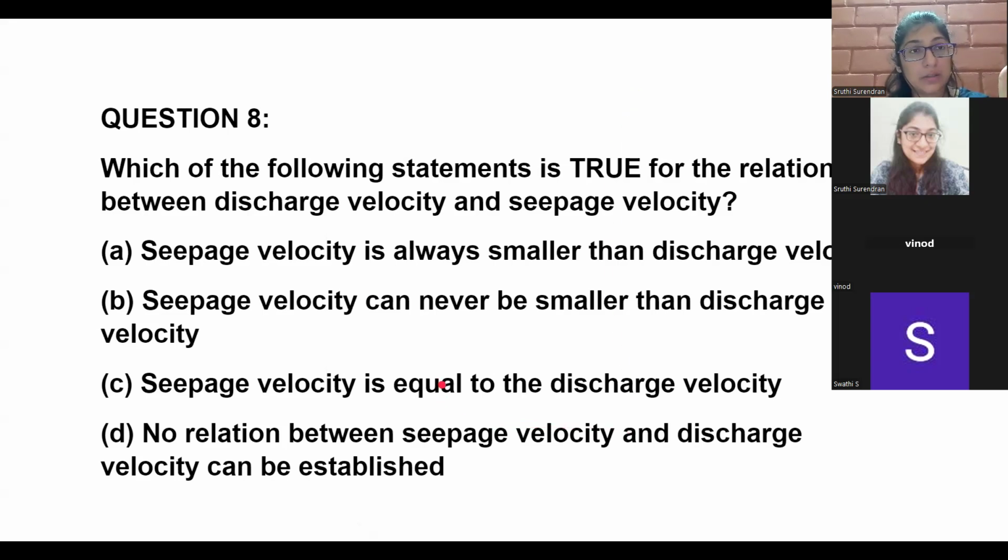So for the earlier Reynolds number, I had mentioned that the value V is the seepage velocity and it's not the discharge velocity. So discharge velocity is the velocity that we're talking about in Darcy's law and all. So what is the difference between that?